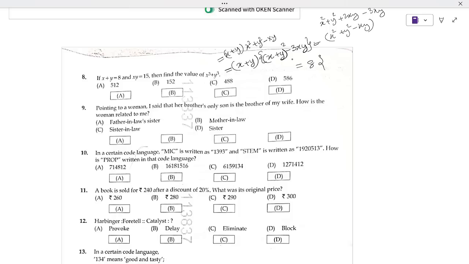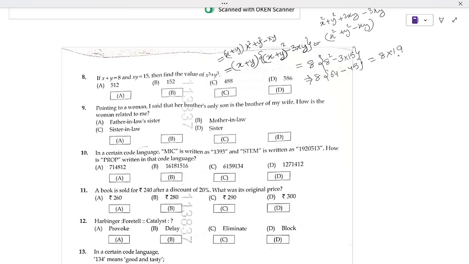So x plus y whole square is 8 square, minus 3xy, which is nothing but 15. Here 8 square is 64, minus 3 times 15 is 45, so 64 minus 45 gives us 19.